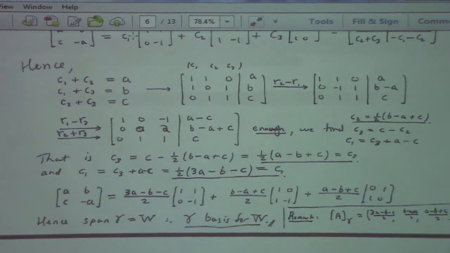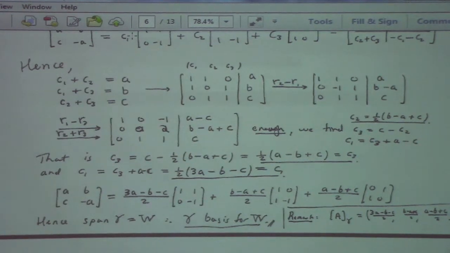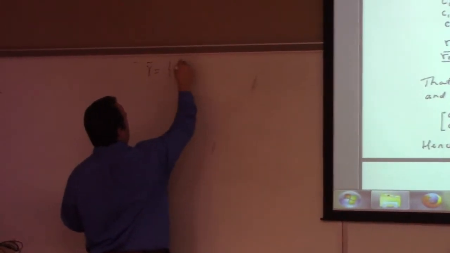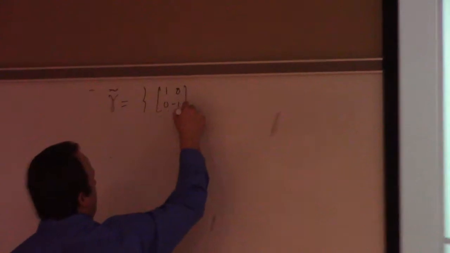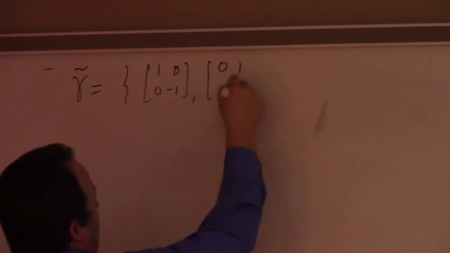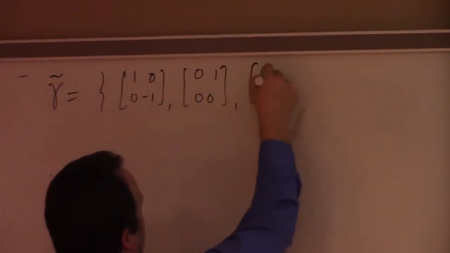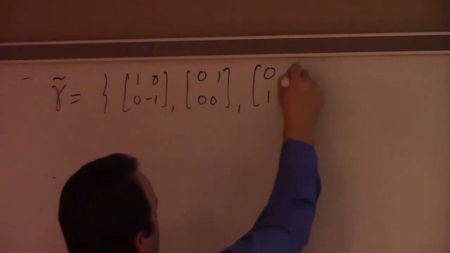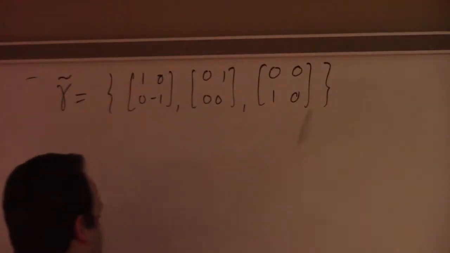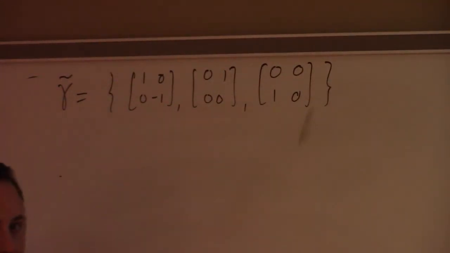Here, I just rattled something off, let me write it down so you have a more concrete thing. Suppose I had gamma tilde equal to 1, 0, 0, minus 1, 0, 1, 0, 0. This would be my go-to choice for a basis for the traceless matrices. What I wrote down in this problem was deliberately complicated.